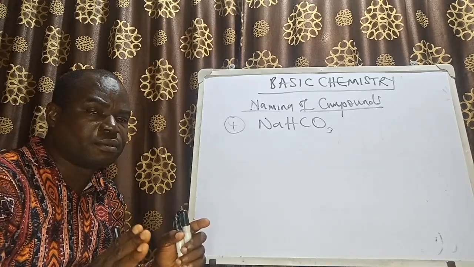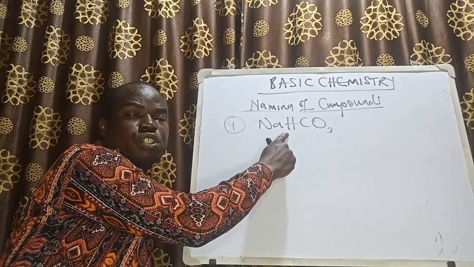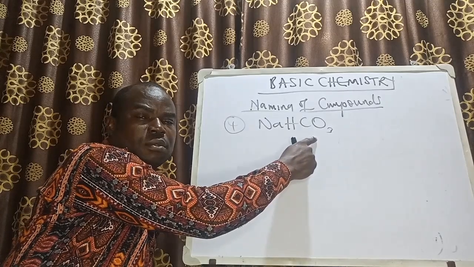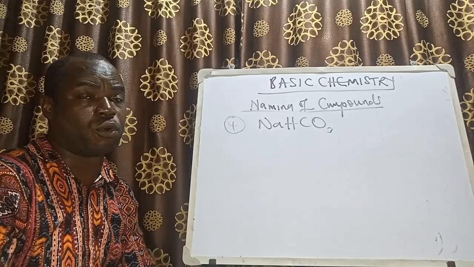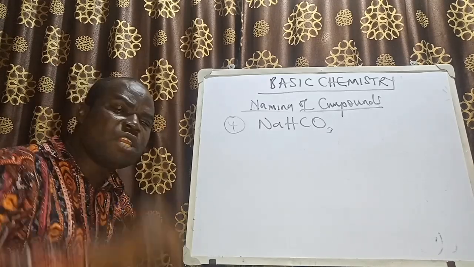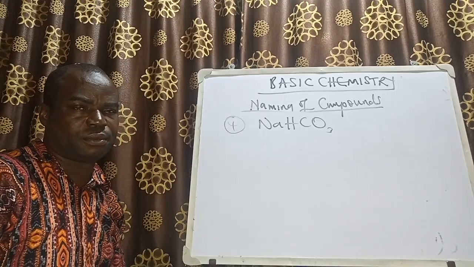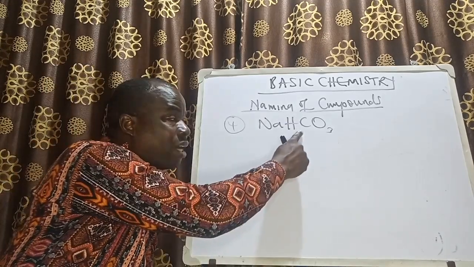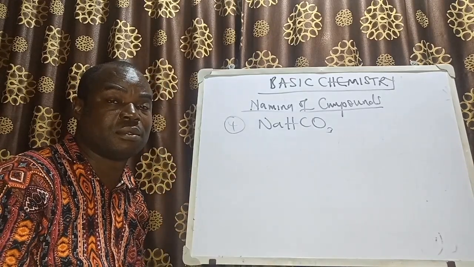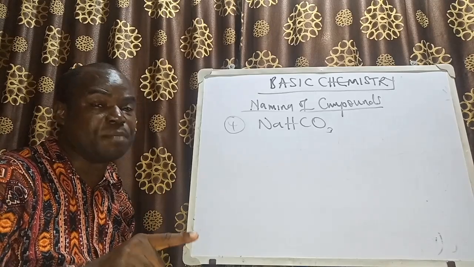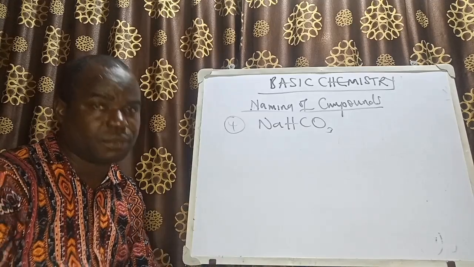If you look very well, there are 2 elements in the middle. I have hydrogen and I have what? Carbon. Please, anywhere you have that hydrogen in the middle, that is not the middle element. The middle element is the other one that comes with it. That is carbon. So don't ever assume hydrogen to be in the middle. Our middle element is carbon. We have established that. Now let's solve.